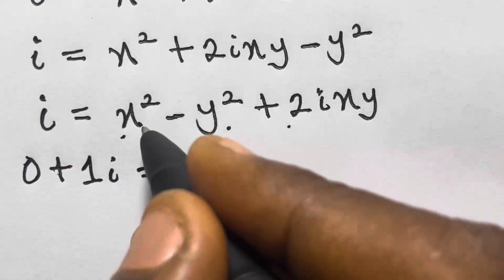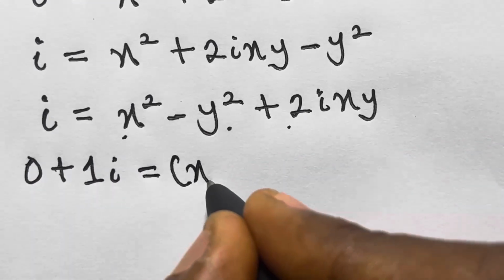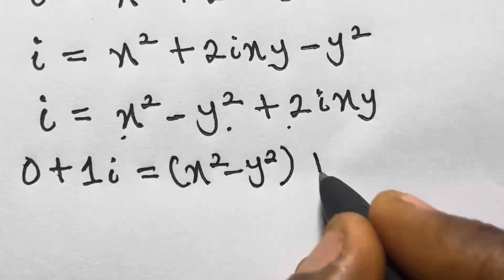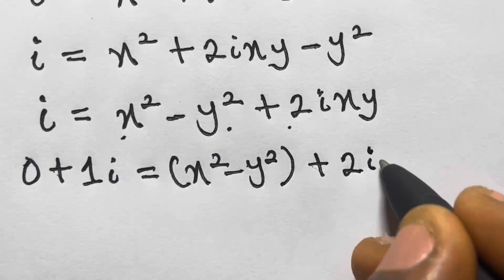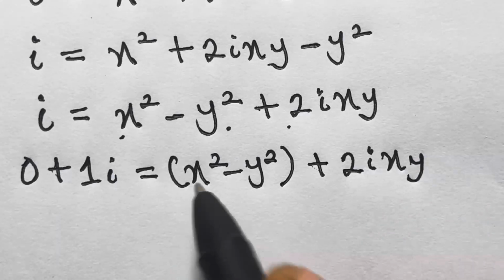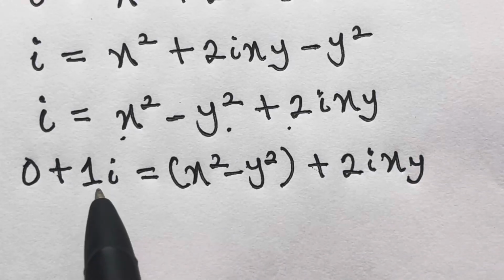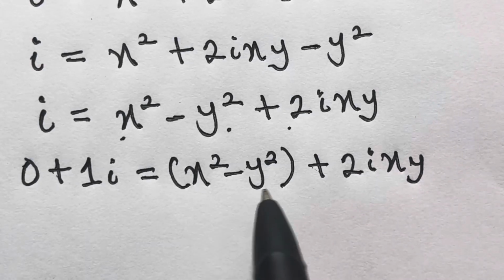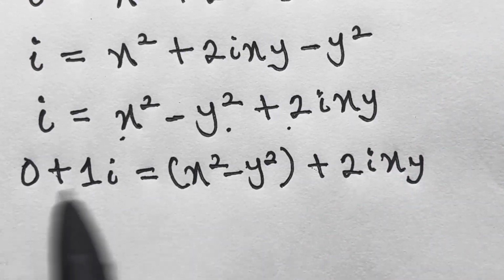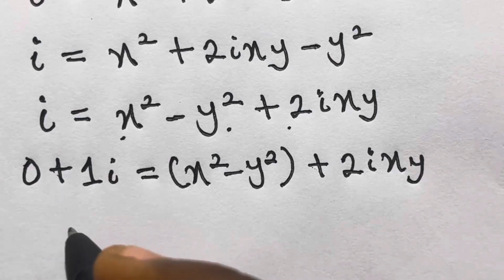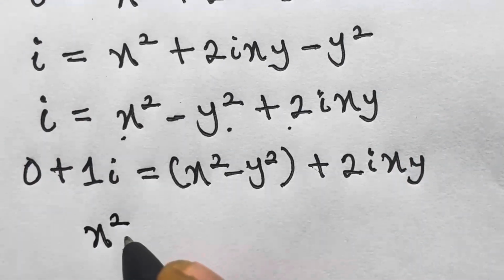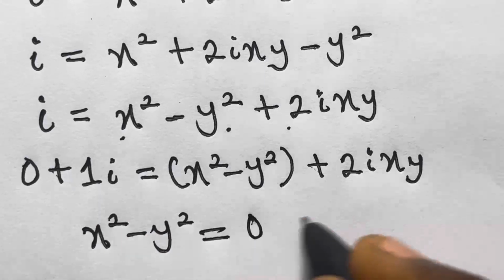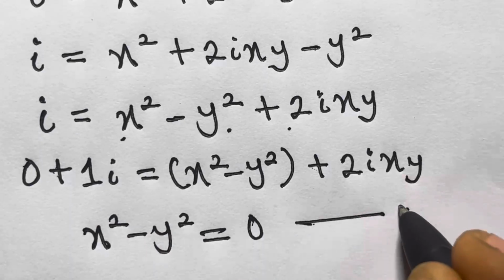So we have, let's collect this one, x squared minus y squared, then we have plus 2ixy. So this is the real part, this is the real part. So we have the real part here equal to this. So we will have x squared minus y squared equals 0. Let's name this equation 2.